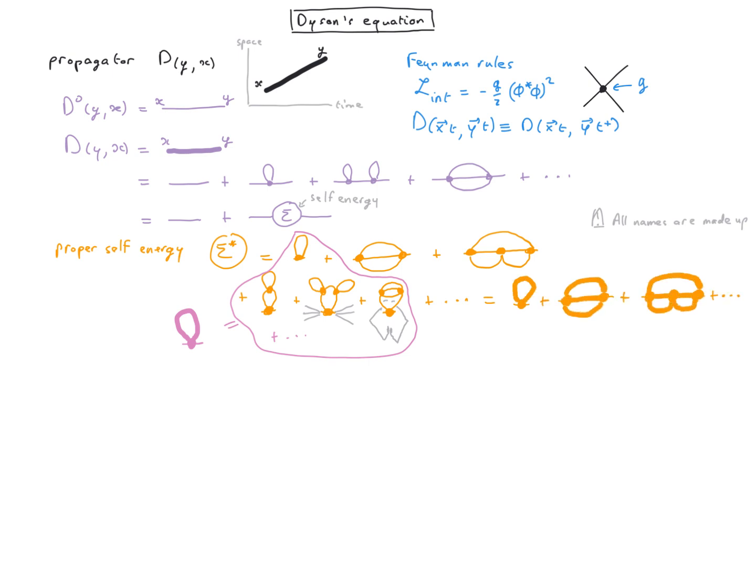The reason why the proper self-energy is useful is because the self-energy itself can be built with insertion of this proper self-energy.